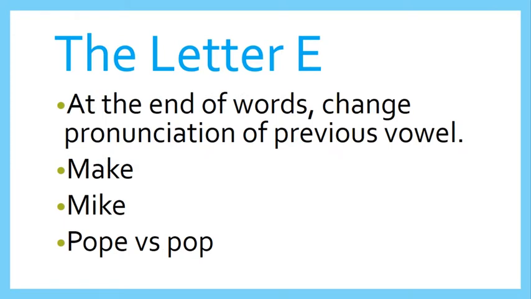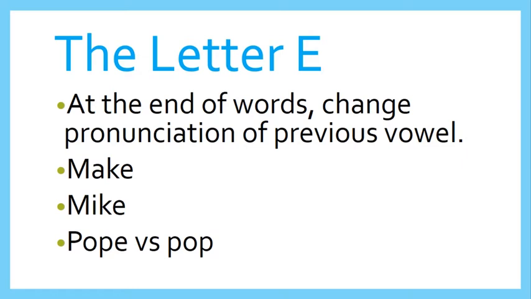The letter E. Now, the letter E is silent oftentimes at the end of words, and this is actually an indication that the vowel that comes before is long. For instance, we have here an E that is silent. So it's not "makee," it's make. The E at the end makes this vowel an A sound. Same thing here, Mike.